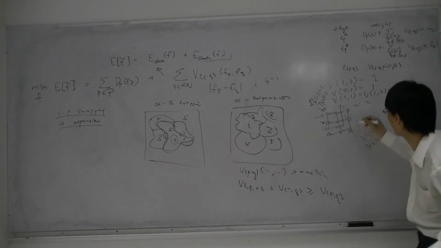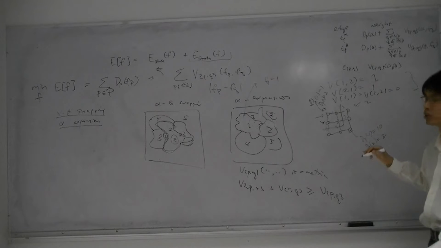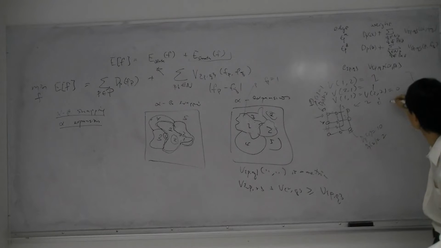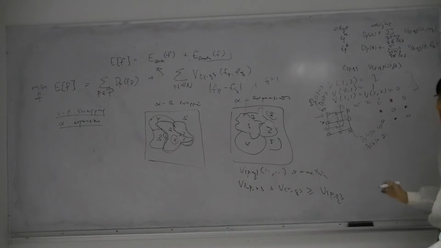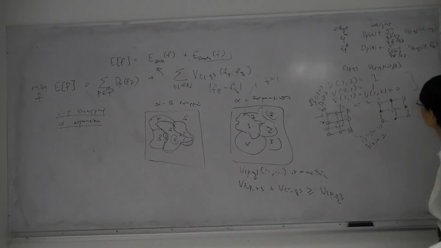So you can see that if my labeling is more fashion, for example, if I have this label as 2, and this label at 1, this label at 2, label at 1, label at 2, 1, 2, 1, let's say, then I will have much larger contribution. I need to sum for this edge, and this and this and this. So the smoothing part will be equal to 12.